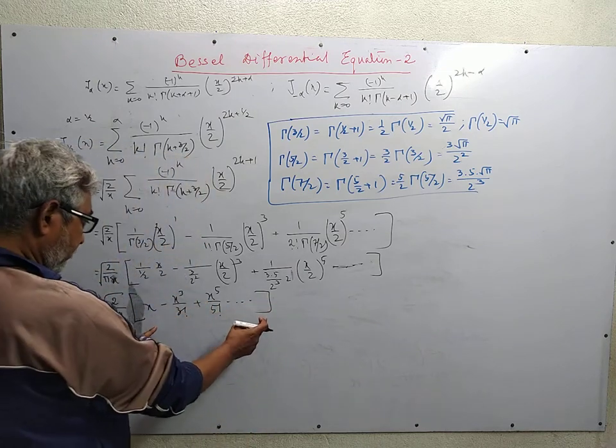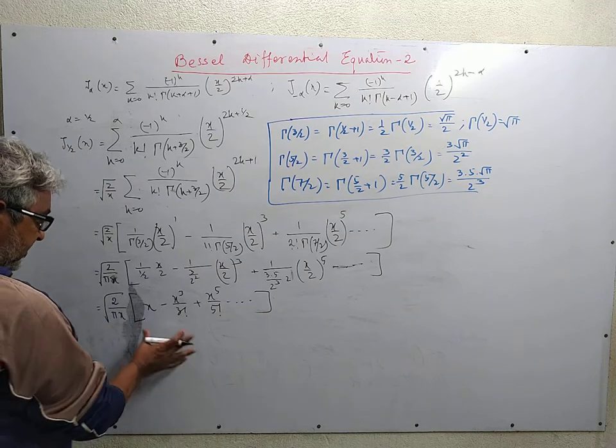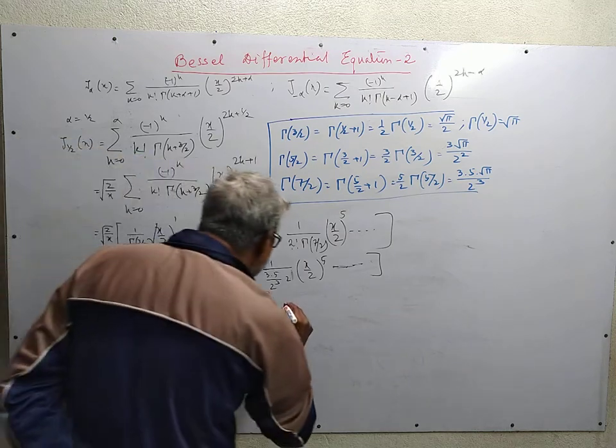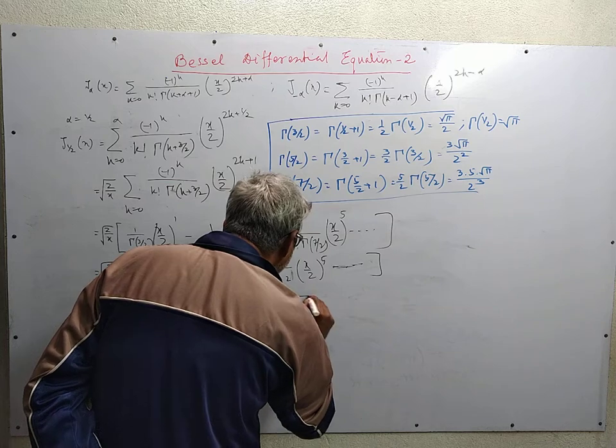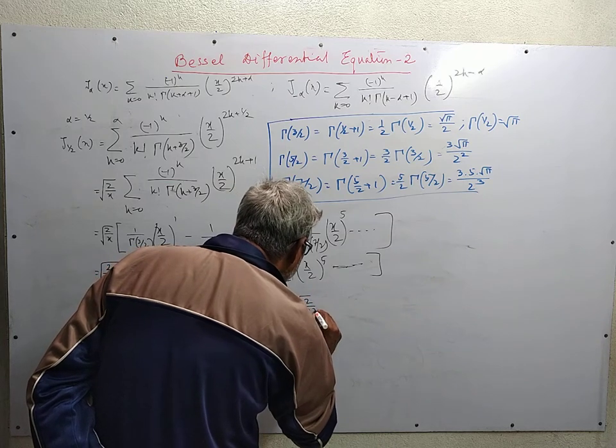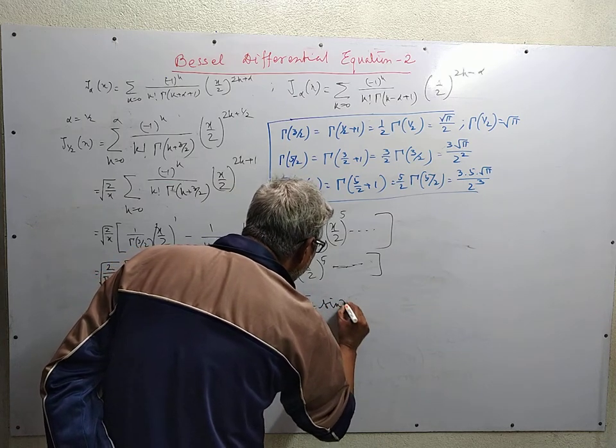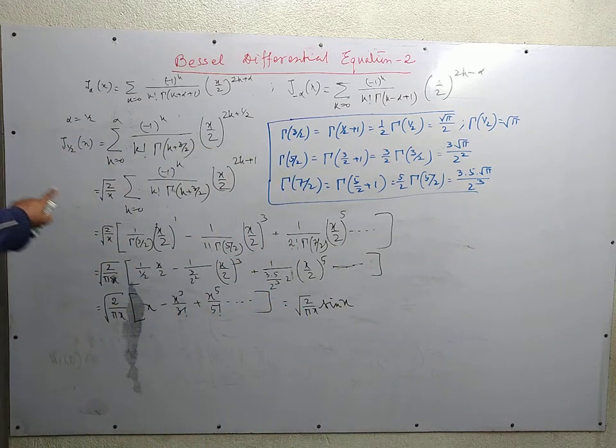Now it is our known friend. This is sin x function. So the result is 2 upon pi x sin x, which is the value of j of half. Now coming to j of minus half.